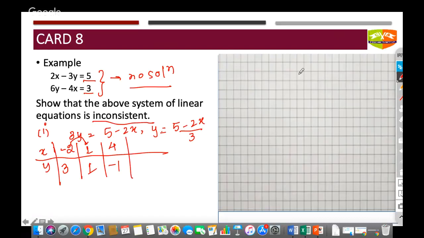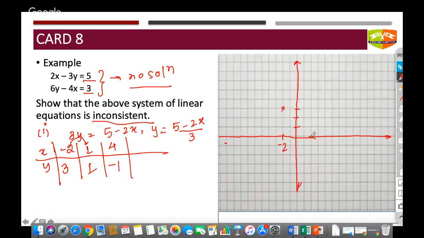So I'll draw this particular line in the graph paper given. I take x is equal to minus 2 here, and here 1, 2, 3. So this is one point.